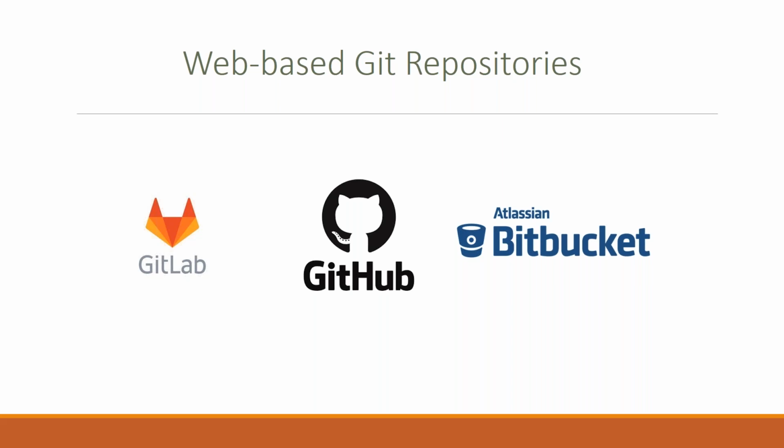That's what we call a web-based Git repository. There are 3 web-based Git repositories available in the market: GitLab, GitHub, Bitbucket, etc. We also have a few other tools, but I've listed only 3.